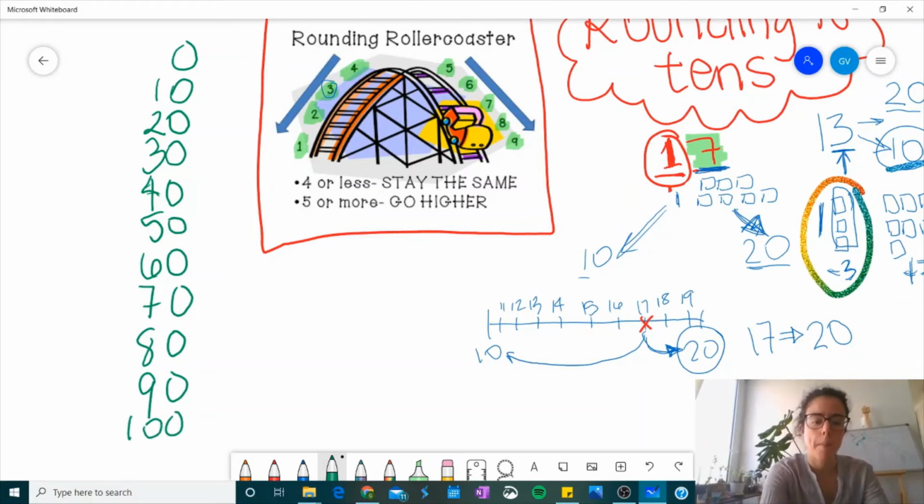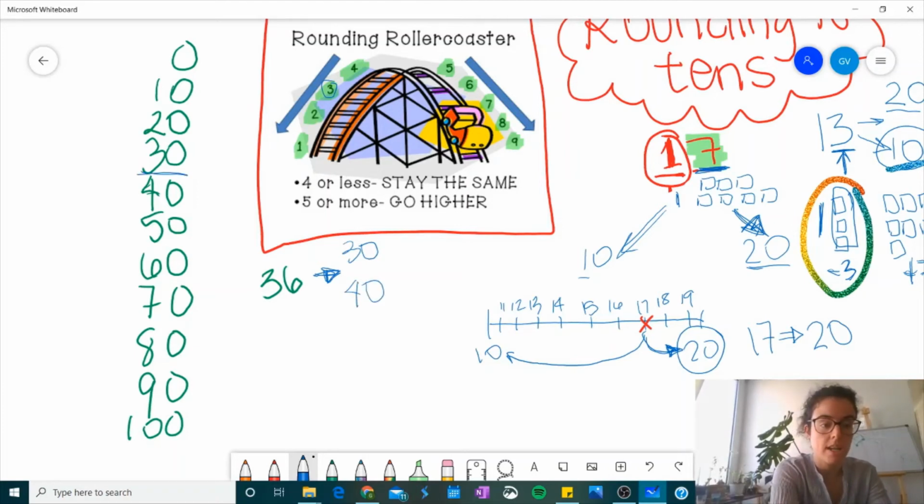So if I give you a number like 36, what 10 is 36 closer to? Remember, you have two options. You either can say it's closer to 30 or it's closer to 40, because 36 is right here in between.